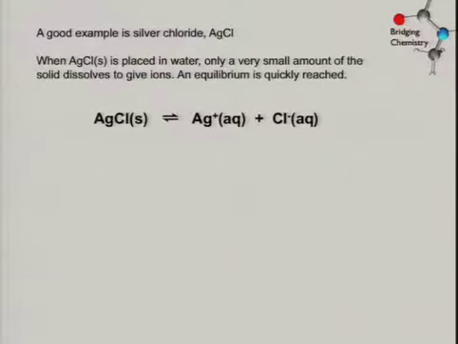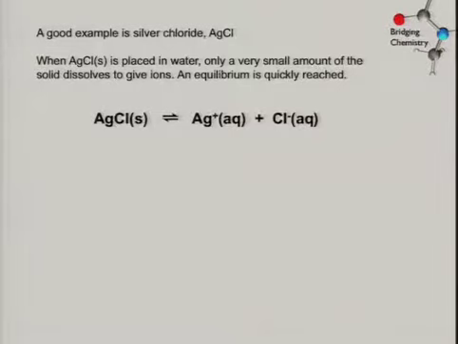So silver chloride is an ionic compound. It's made up of a silver plus cation and a chloride anion. And if you take a bit of solid silver chloride and you stick it in water, then it will dissolve a little bit. And when it does dissolve, you will get silver ions and you will get chloride ions.